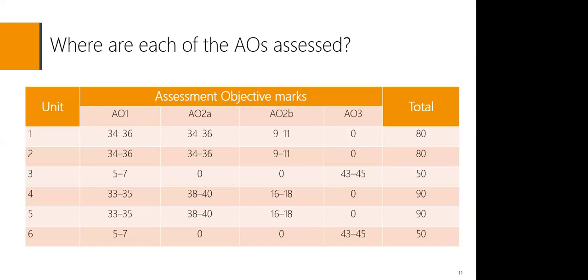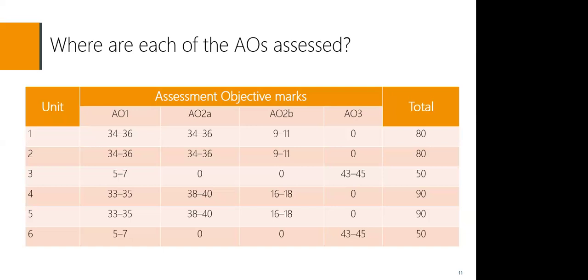So we're going to look at where each of the assessment objectives are assessed. The assessments for the qualification must match the specified assessment objectives target. So when the paper's drawn up, apart from checking for the content, it's checked to make sure that the assessment objectives are correctly distributed.